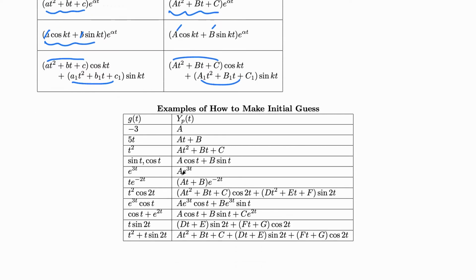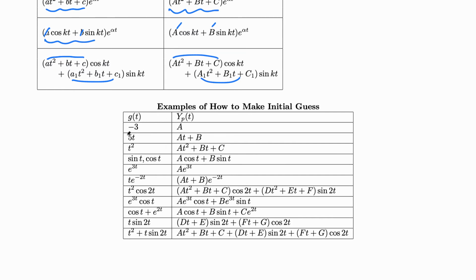So let's look at particular examples. If the right hand side has -3 or any number, when we make the initial guess, that will be just a, and we try to find the value of a. So it's a degree 0 polynomial, just a constant. Here 5t or 7t is in fact a first degree polynomial, we write a generic first degree polynomial at plus b.